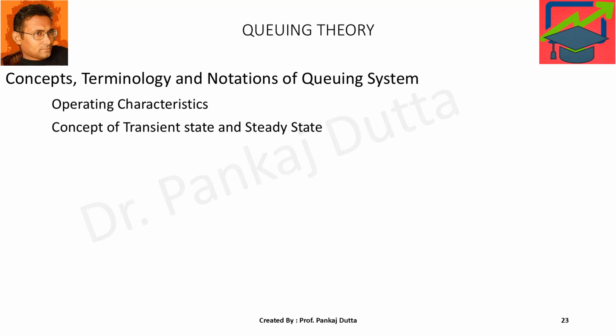However, after a lapse of sufficient time, the operating characteristics become essentially independent of time and the system reaches a steady state condition. In our analysis, we consider the queuing system to be in a steady state condition. The transient case is more difficult analytically. All the operating characteristics and notation that we define are based on the assumption that the system is in a steady state condition.